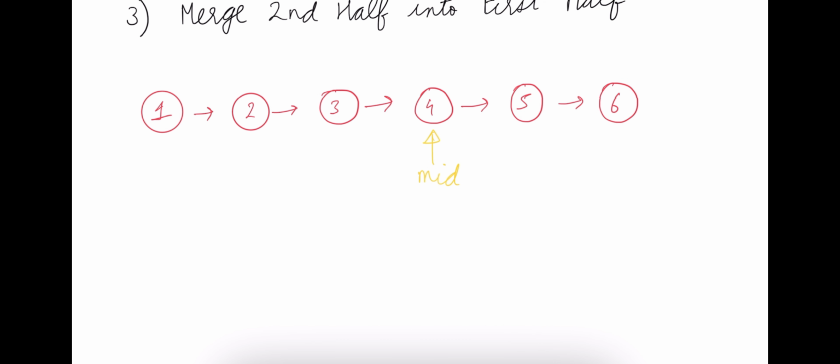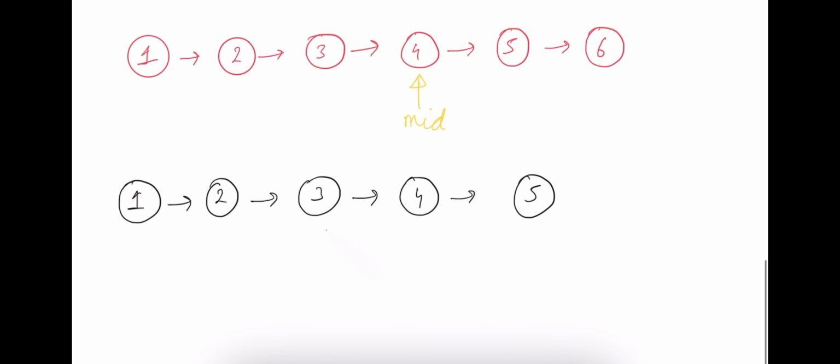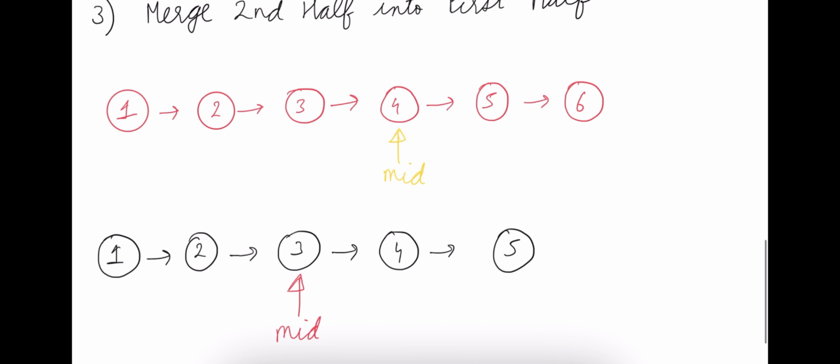And for a linked list of odd length, let me draw a linked list of length 5: 1, 2, 3, 4, and 5. For this example, the middle of the linked list is going to be node 3. What we have to do is update the node just before the middle node.